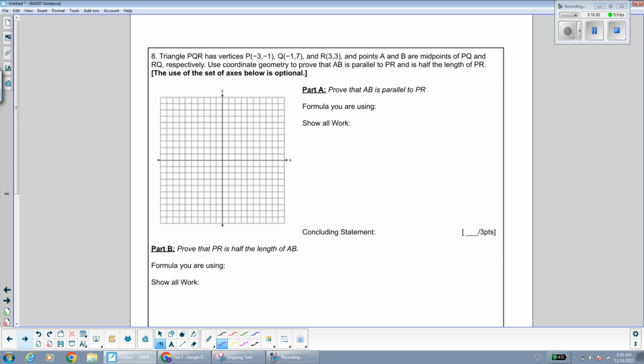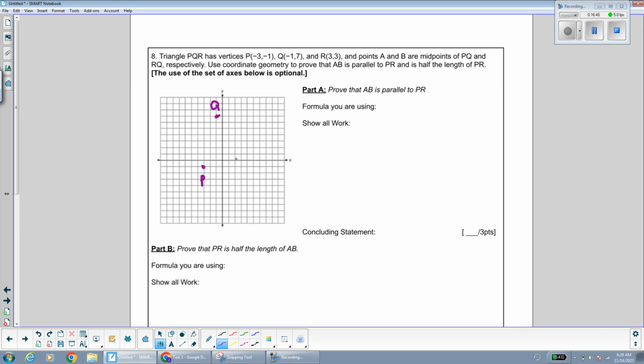Okay, moving along over here. So we have P, (-3, -1). We have Q, (-1, 7).